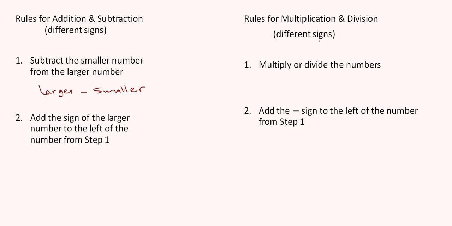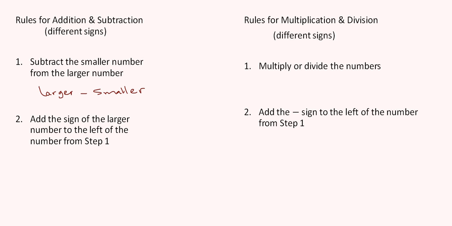When it comes to different signs with multiplication and division, you just multiply or divide, and then the negative sign is going to be attached to the left-hand side. So when you're multiplying and dividing, when the signs are different, you always have a negative result.